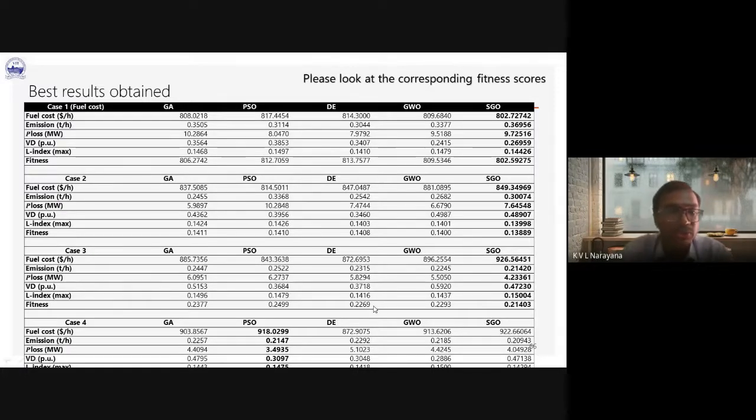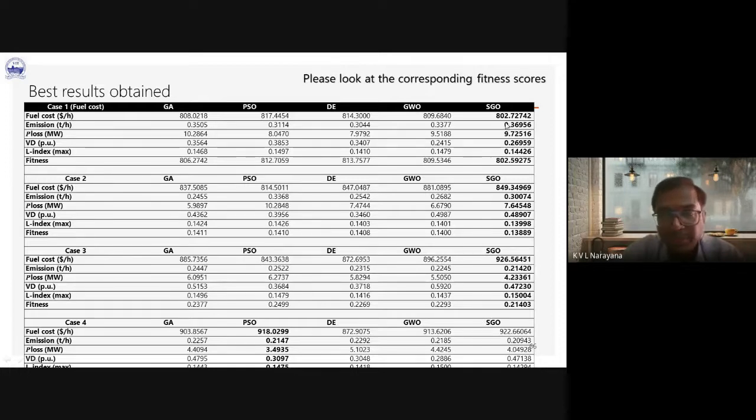So almost we are at the end of the presentation. Okay, first let me explain these results. We have applied genetic algorithm for the IEEE 30 bus system to minimize the fuel cost, whatever the fitness function I have shown. PSO, differential evolution, Gray Wolf optimizer, SGO.